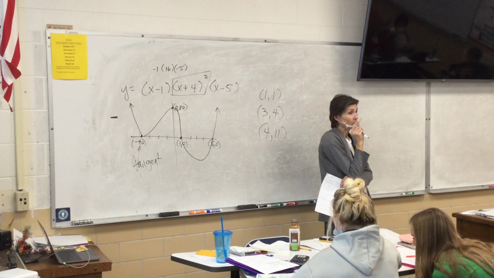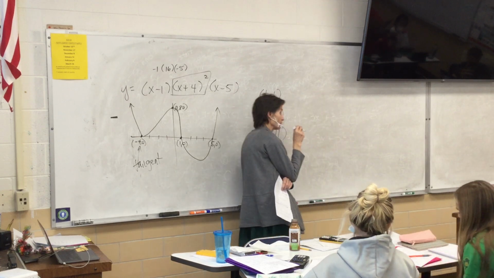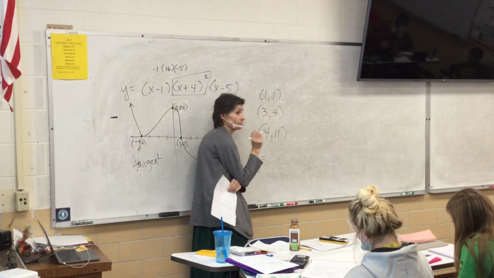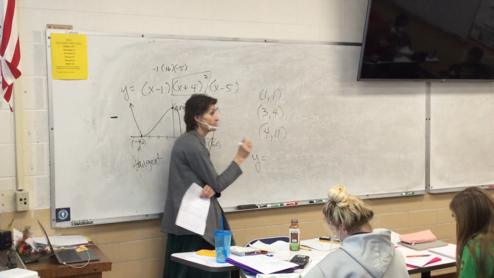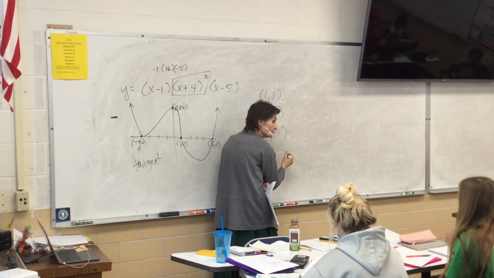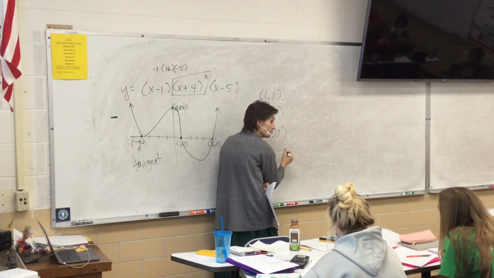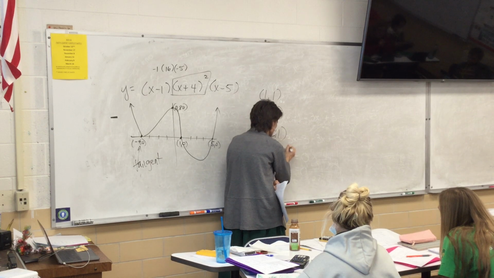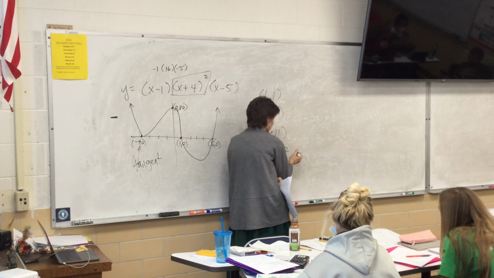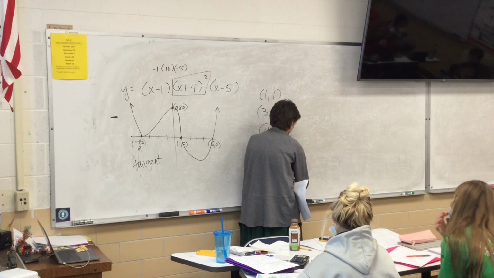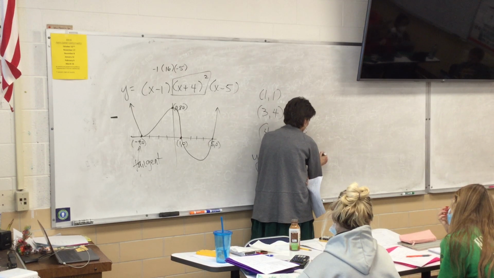And once you do that, it will give you an equation. Who has an equation for this? What is the equation it gives you for this? 1.8x squared plus negative 5.83x plus 5.